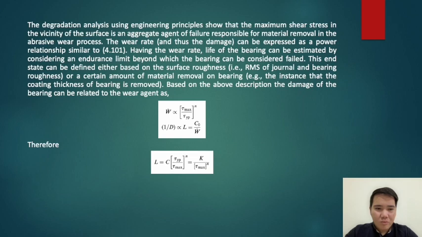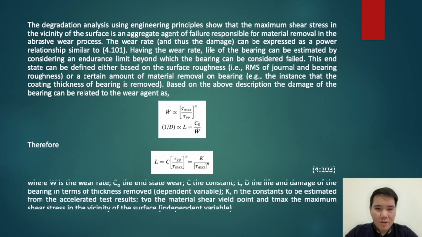Therefore, the formula will be like this, where W is the wear rate, C0 the end state, C the constant, L, D the life and damage of the bearing in terms of thickness removed, dependent variable, K, N the constants to be estimated from the accelerated test result, τYP the material shear yield point, and τmax the maximum shear stress in the vicinity of the surface, independent variable.